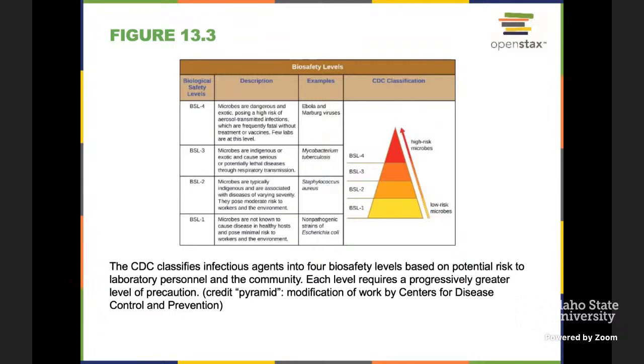So almost everything that we work with in the lab is at this bottom category, a biosafety level 1. And in these situations, the microbes are, I would like to say, safe. They're not known to cause disease in healthy individuals. They pose very low or minimal risk to workers or the environment.